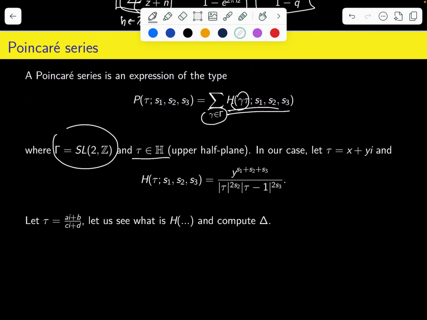And clearly that's SL2(Z) invariant, because it's defined to be SL2(Z) invariant. Now, what function h to choose? Well, here you can put some parameters, for example, S1, S2, and S3. And to get these expressions, as we had before, you should put here this function h.